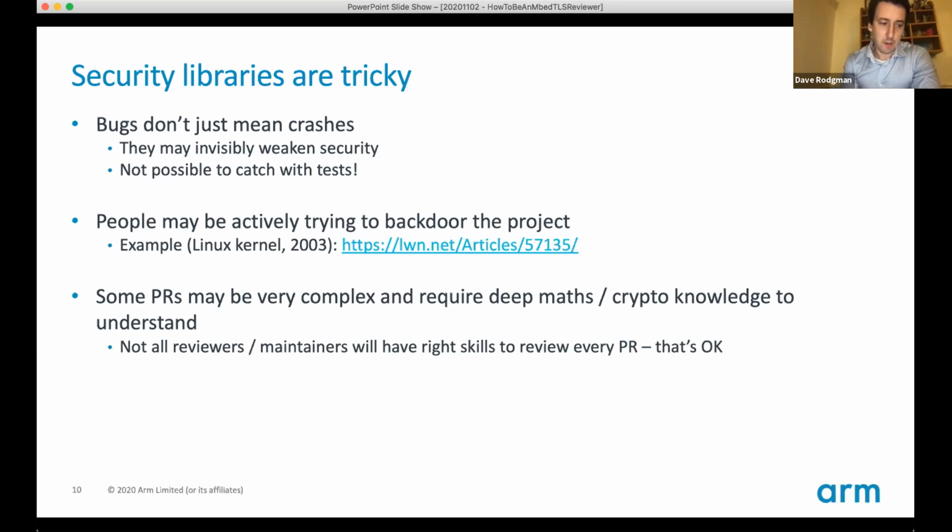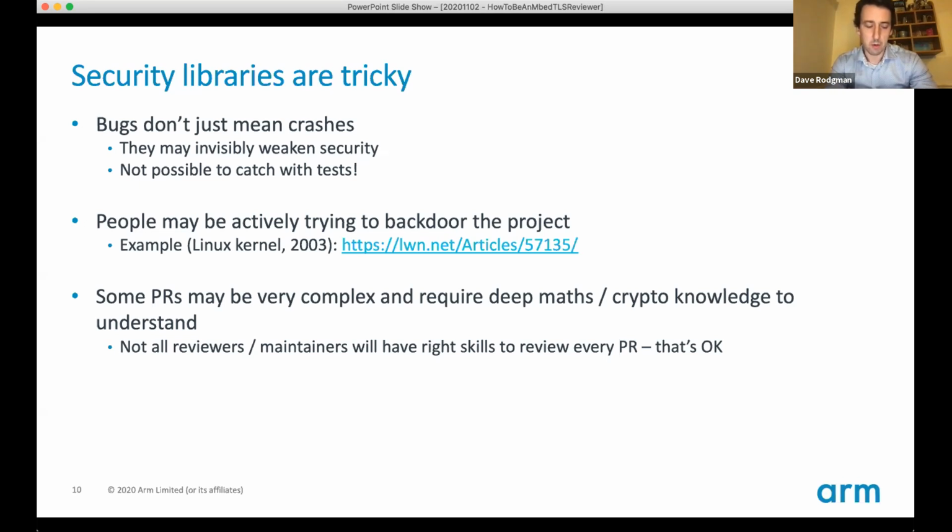Also, as a security library, you have the risk that there may be bad actors who are trying to backdoor the project, which we have seen in other open source projects. And some of the PRs are very complex and require not just good programming skills, but also quite deep maths and crypto knowledge.